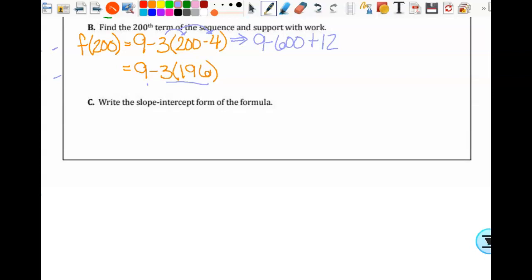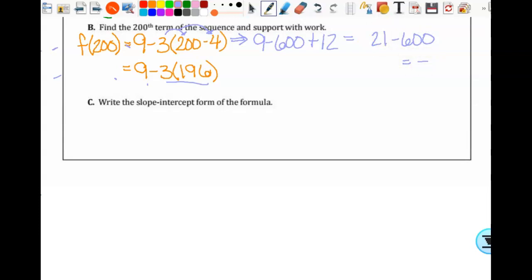Some of you do that when you substitute stuff in, and I don't think you're doing it to make it simpler. I think you're not realizing you could actually subtract first, or your order of operations or whatever. But I would much rather go this route than this route. But you'll get the same answer either way. If I do this, then I'm going to get 21 minus 600. No, that's negative.